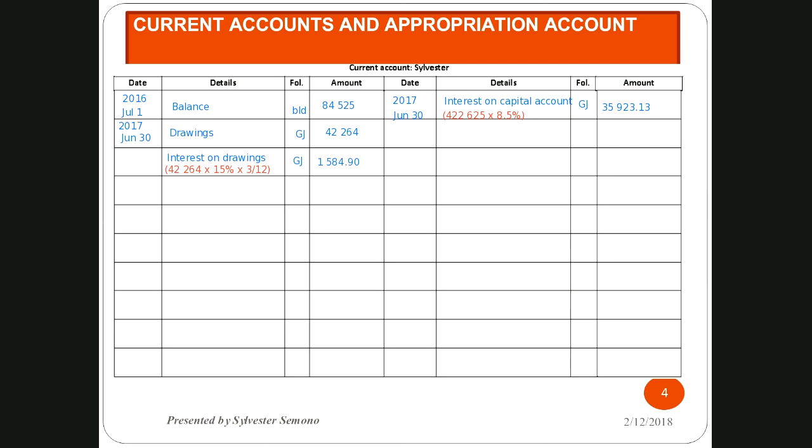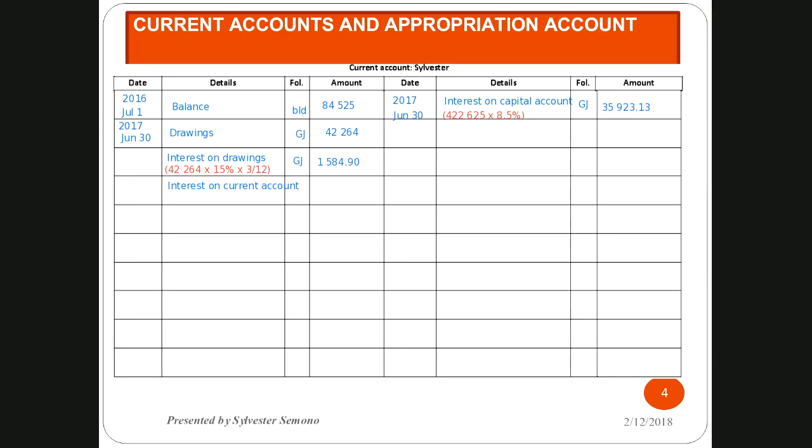I'm going to say interest on current account. As I said, we come to the debit side because the balance of the current account is on the debit side. But we must also show the calculation. I'm going to take balance of 84525 and you multiply it by how many percent? It's at 10%. Okay.